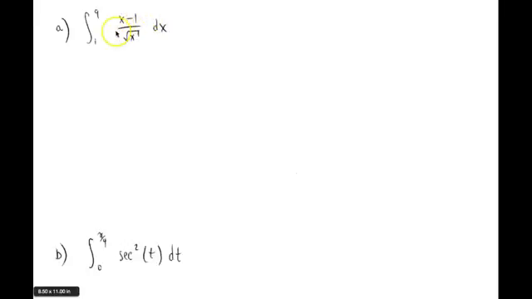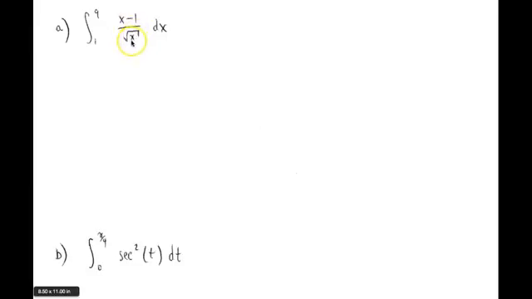All right, so let's look back now and do some more definite integrals. So when we look at this particular function, x minus 1 over square root of x, the first thing that we want to make sure of, and lead to that other problem that we talked about, where we did all that work and we found out that we really shouldn't have taken the integral in the first place, is that 1 and 9 are going to be values that are in the domain of our function here, as well as any other values that are in between.